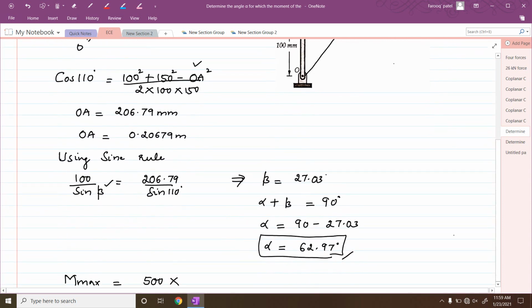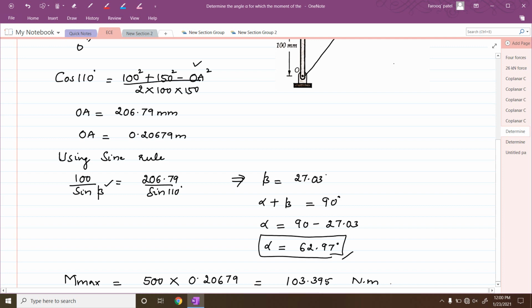So the distance is 0.20679. Force into distance, we'll get the maximum moment. So that will be equal to 103.395. The unit is Newton meters.